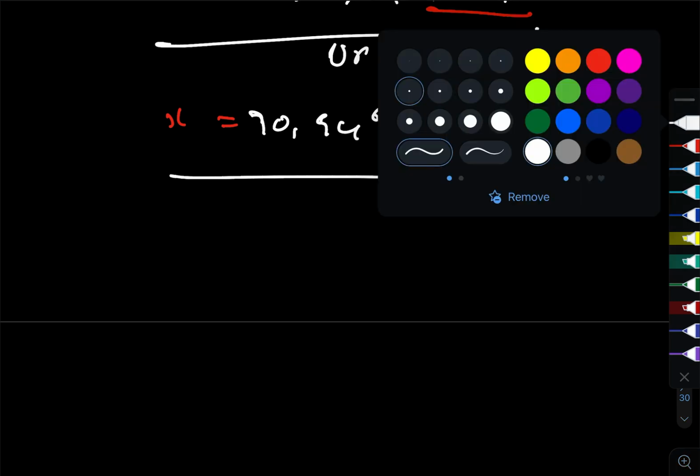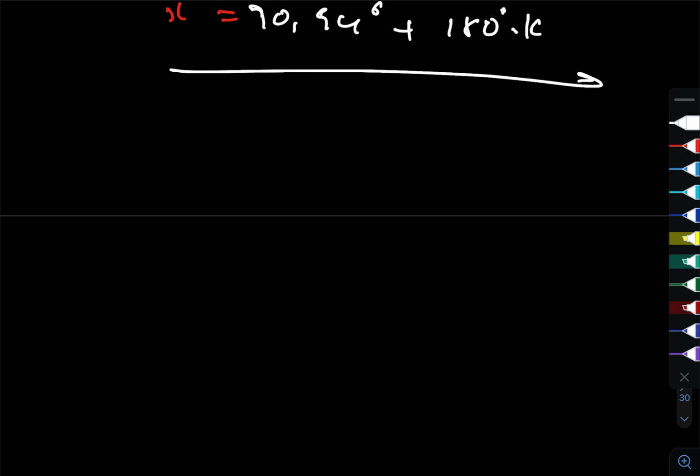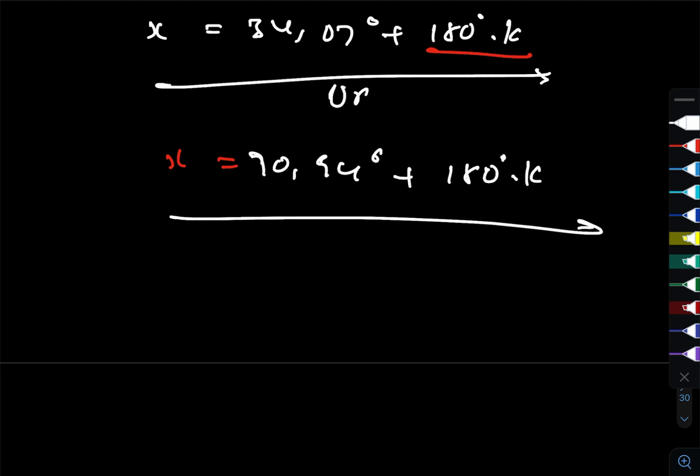Now I want to take a look at a problem that involves an equation where sine theta and cosine theta are both involved, and I'm going to have to work with my quotient identities.